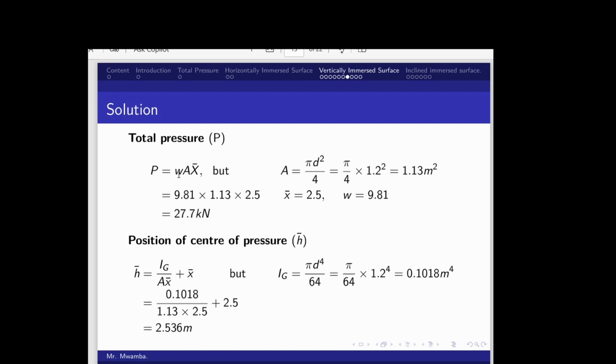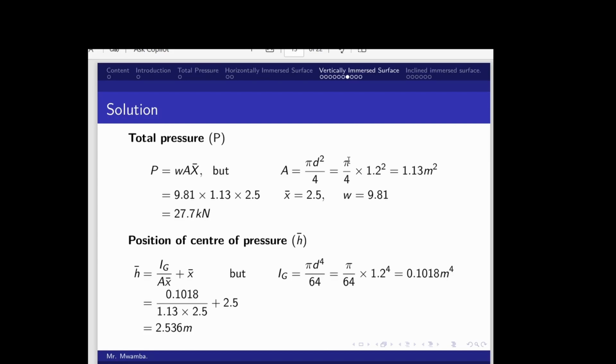But with water, the specific weight is equal to the gravitational constant, g, 9.81. Then the surface area of a circle is given by pi d squared over 4.